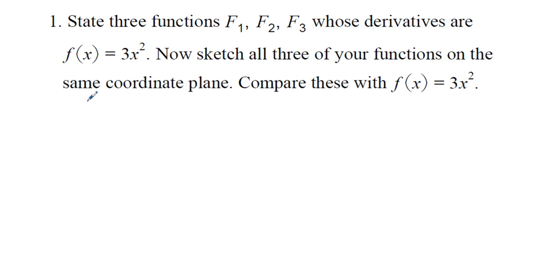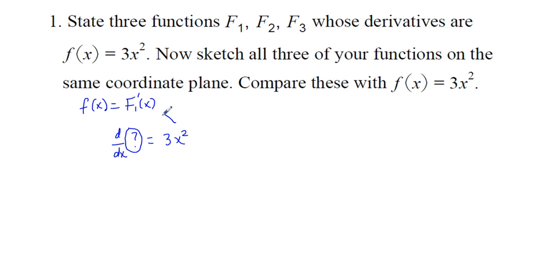For this, we're going to say f of x is equal to big F prime of x. The antiderivative, we'll call it f1, is the function whose derivative is going to be equal to 3x squared.